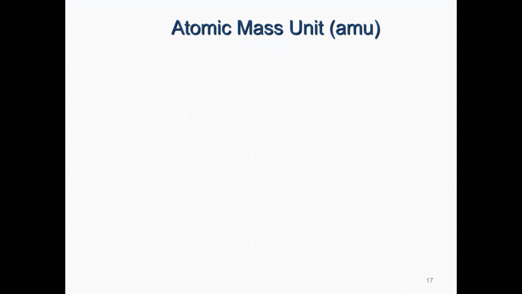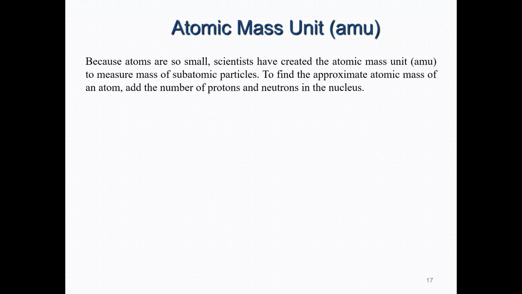First of all, we need to answer this basic question: why atomic mass units, or what is the atomic mass unit? You know that the atom is very small. To deal with very small quantities, just like the atom, scientists have created the atomic mass unit.